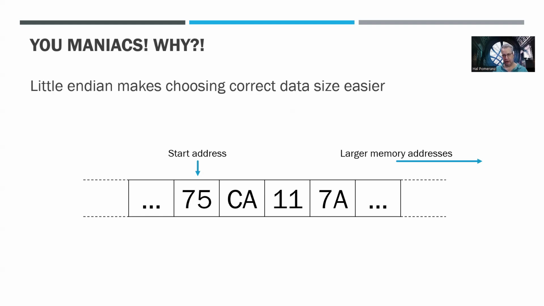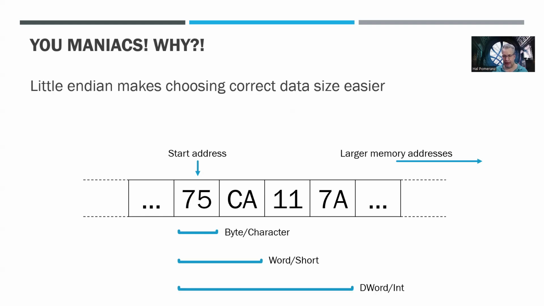I'm right on it. My starting address is the lowest byte, okay? But if I want a 16-bit value, let's say it's a port number, right? Well, boom, there you are. Just grab 2 bytes, the next 2 bytes in a row, right? Or if I want the full 32-bit value, boom, there it is, 4 bytes in a row, right?